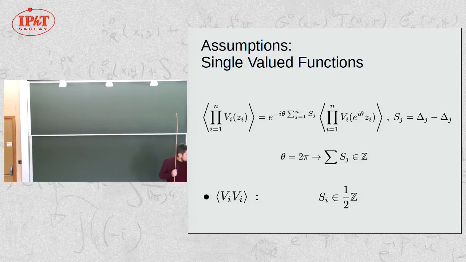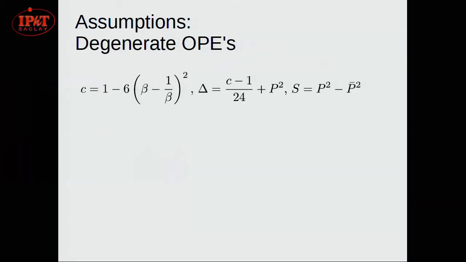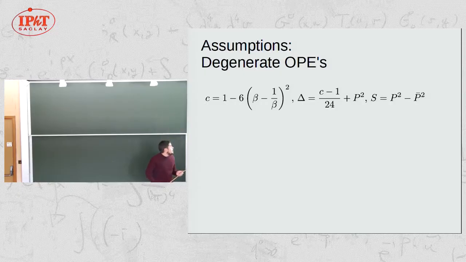So the next important point is that we want to be able to compute operator product expansions involving degenerate fields. These OPEs are better expressed in terms of new parameters. So let me introduce the parameter beta for the central charge, and now we'll express c as 1 minus 6 (beta minus 1 over beta) squared.